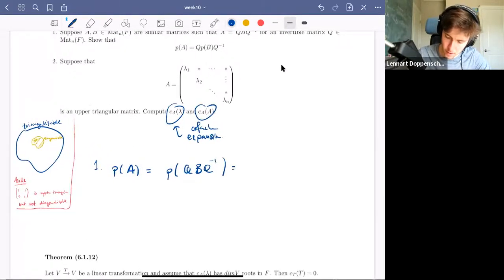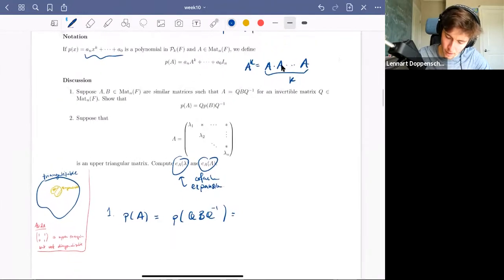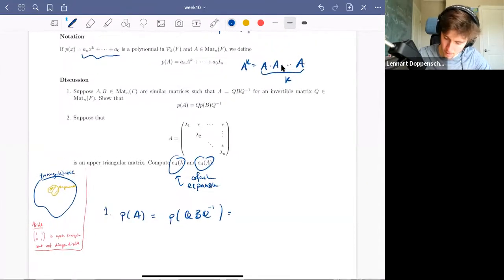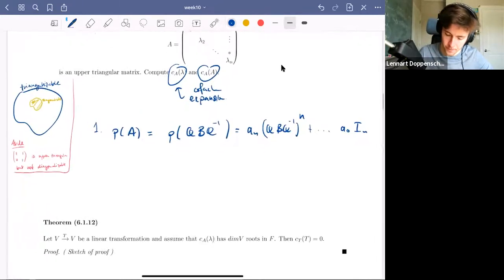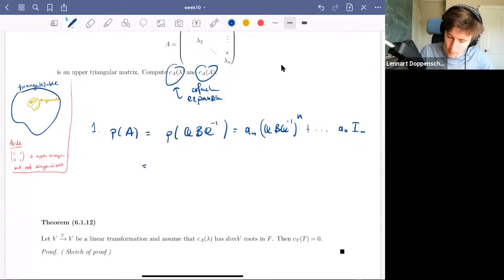So if this is A_N (Q B Q inverse) to the N, and so on, and then we have A_0 I_N. Then for each of these factors, we can just multiply them out.